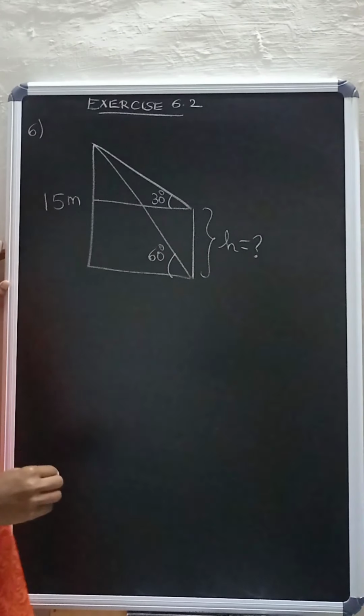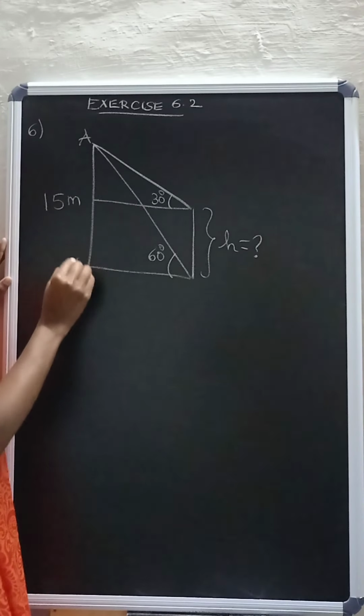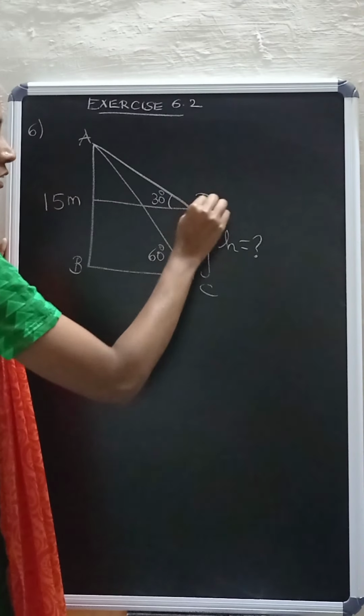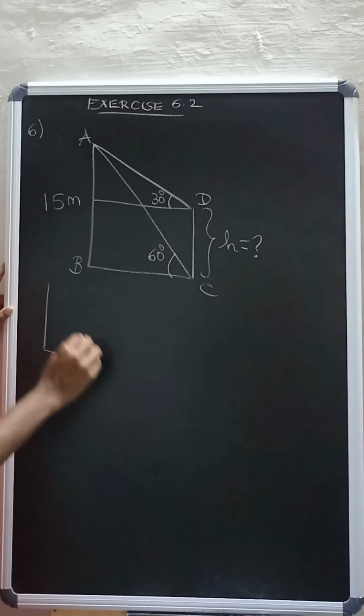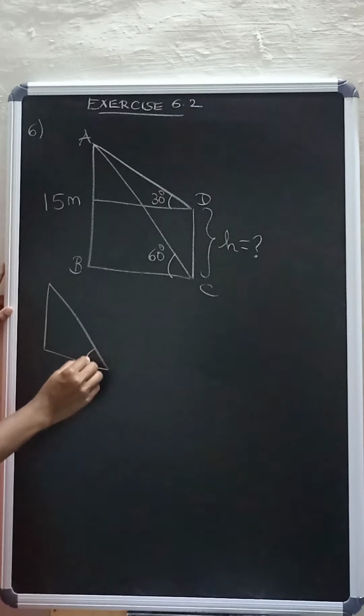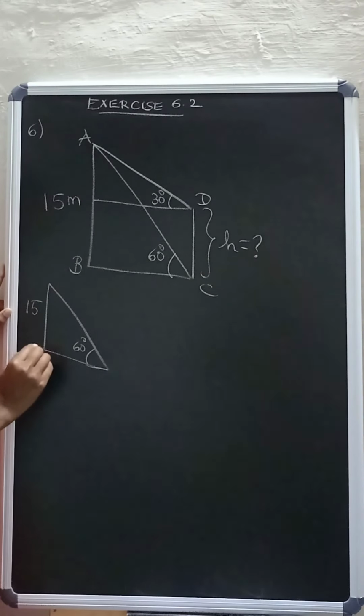Now let us name this A, B, C and D. Now take it as two triangles. 60 degrees. This is 15.